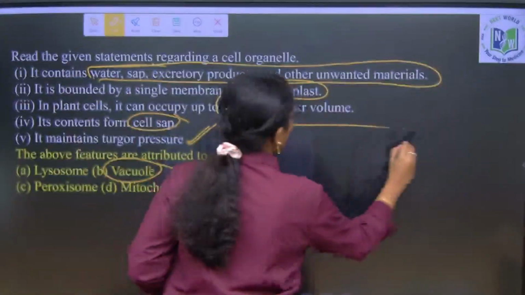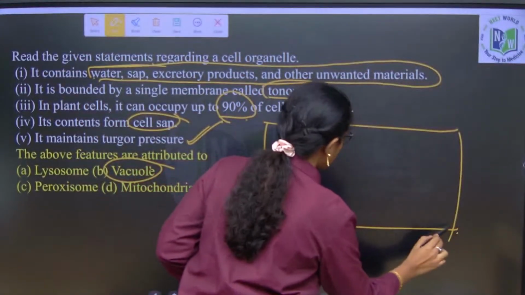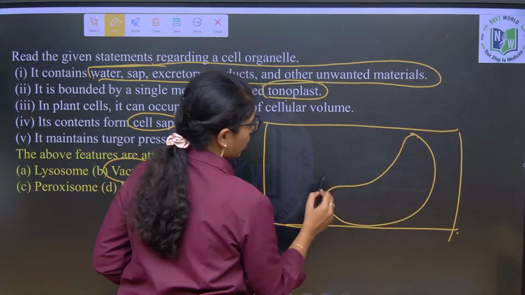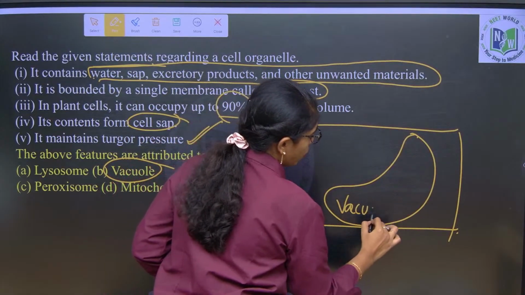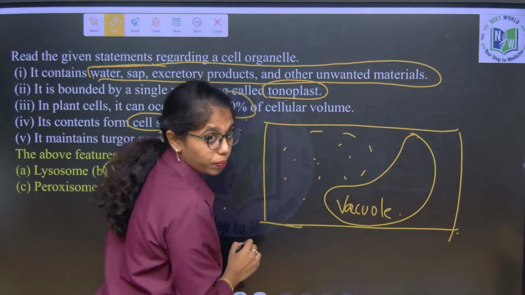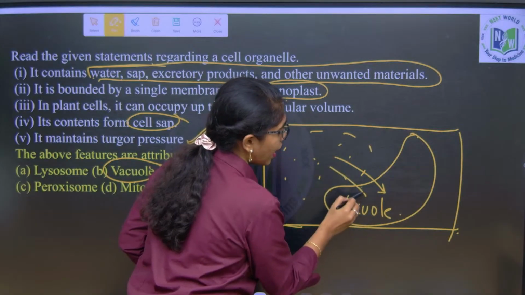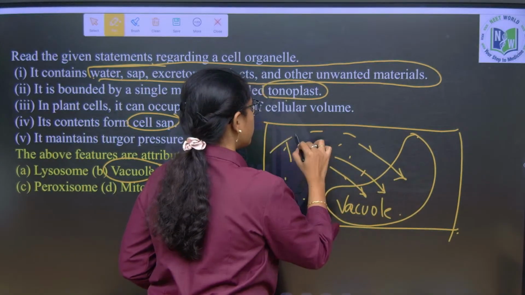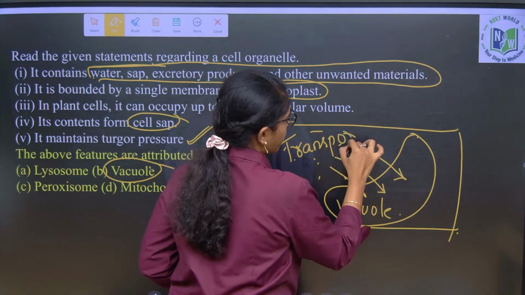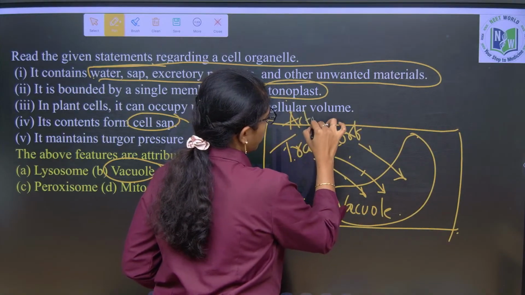That is, all the excretory deposits from the plant cell are transported to the vacuole from the cellular constituents or cytoplasm through active transport. The deposition is through active transport. Fine.